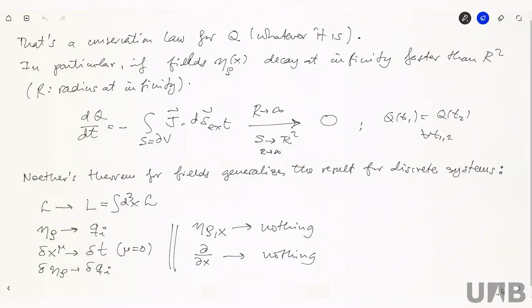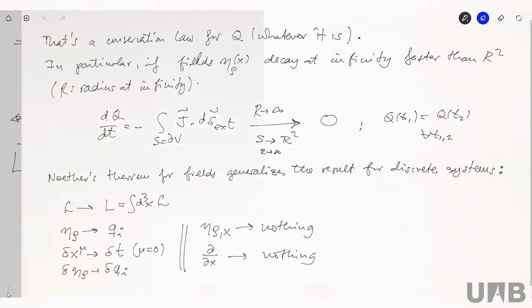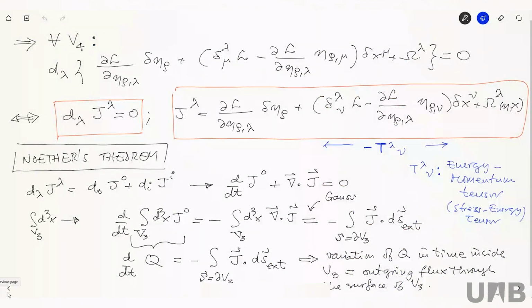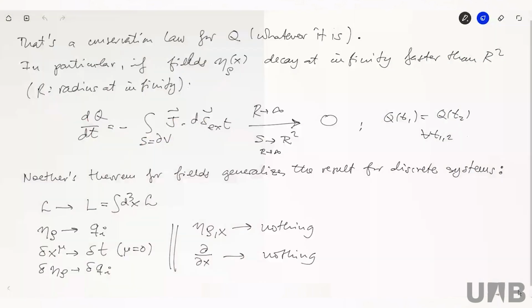Before we see an example, there was this little exercise that we had to do, right? We had to take the discrete limit of Noether's theorem for this current here. So let's use this transformation. The field becomes the variable q.